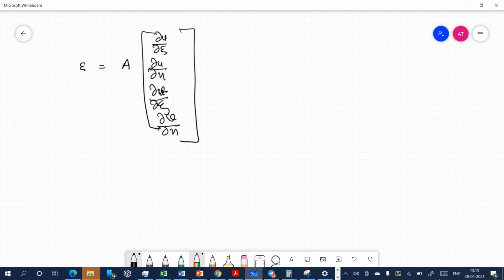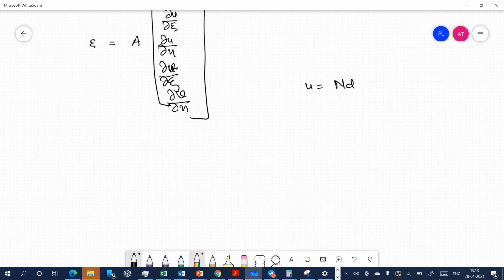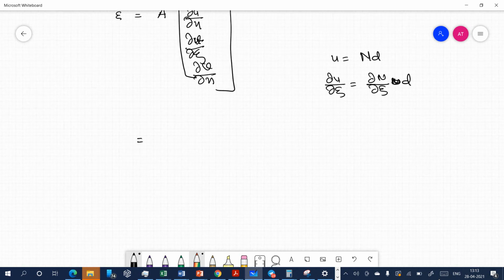I do it simply by using the relation that u is equal to N into d, right? So what will be del u by del zeta? That will be del N by del zeta into d. Okay, so this I should break, and if I break it, then I have A into a weird matrix which should tell me the value of, in terms of N1, N2, N3, and N4.